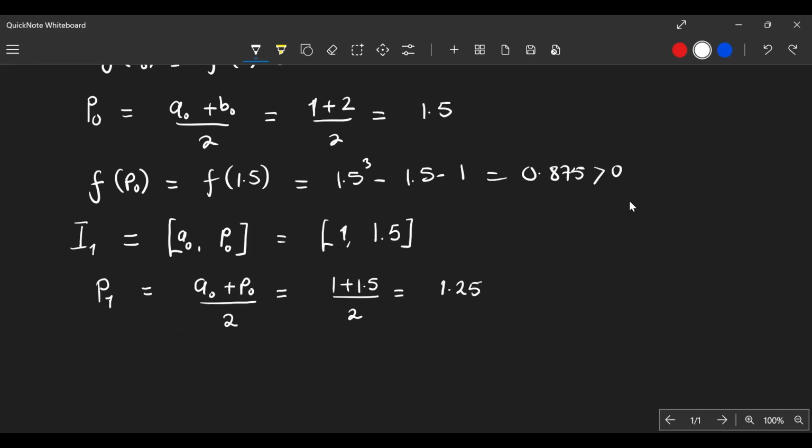Now I'm going to substitute this p1 in my function. So f of p1, which is f of 1.25, equal to 1.25 to the power 3 minus 1.25 minus 1.